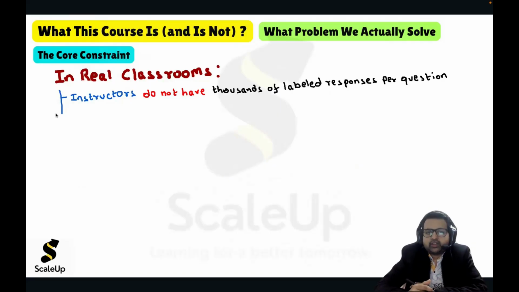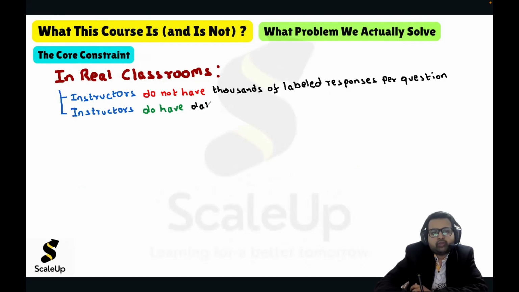That is quite obvious, because for a subjective question like short constructed responses, the answer can be different for every question, and the way of expression and writing might be different. Unfortunately, instructors do not have thousands of labeled responses per question, but they do have data from similar questions asked in previous years.